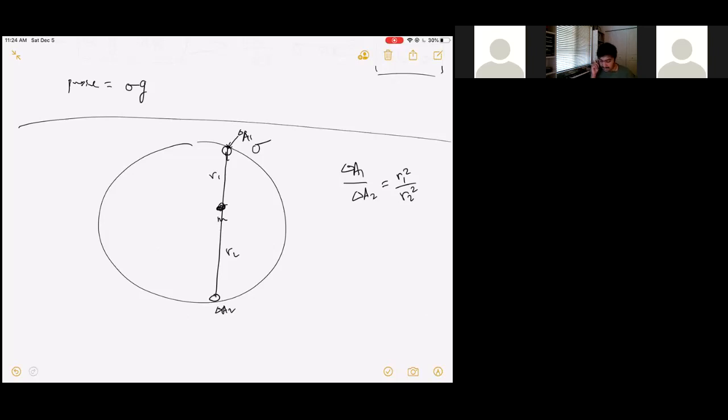And that implies that the force on the mass due to the top one is G sigma delta A1 times the mass M over R1 squared. And the force due to the other one is G sigma delta A2 over R2 squared. And delta A1 over R1 squared is equal to delta A2 over R2 squared. So these two little patches cancel out.